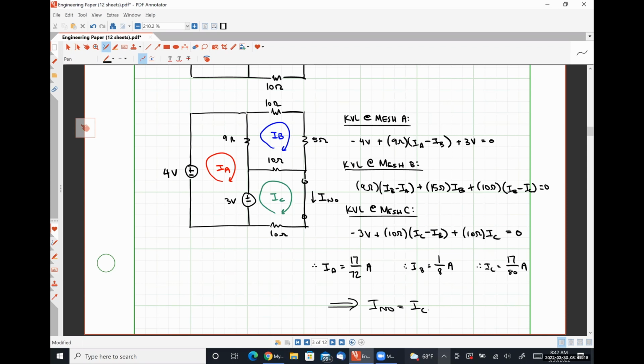So anyway, all right, so our Norton current is 17/80ths, excuse me, of an amp.